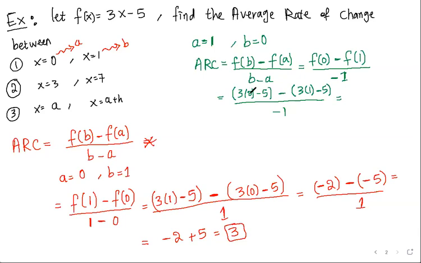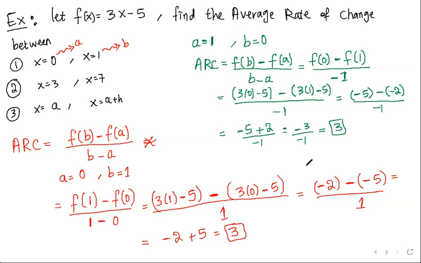So now 3 times 0 is 0, minus 5 is minus 5, minus (3 times 1 is 3, minus 5 is minus 2), over minus 1. And this is equal to minus 5, minus minus is positive 2, over minus 1. Now minus 5 plus 2 is minus 3, over minus 1. Minus 3 over minus 1 is 3.